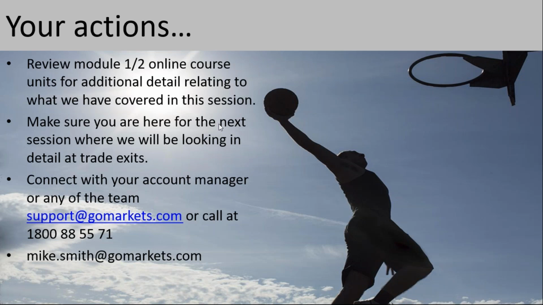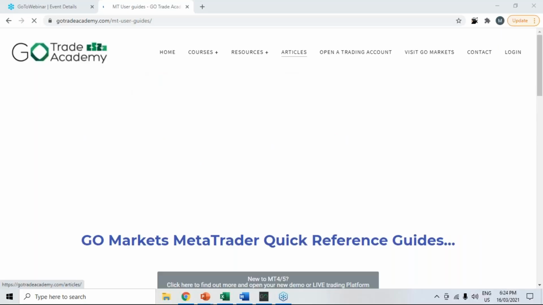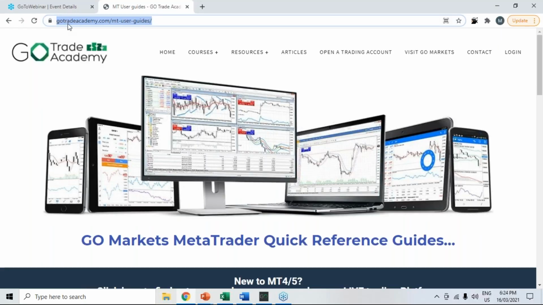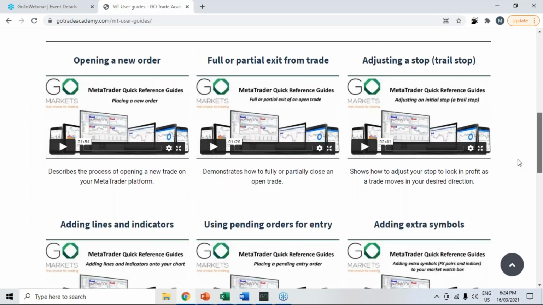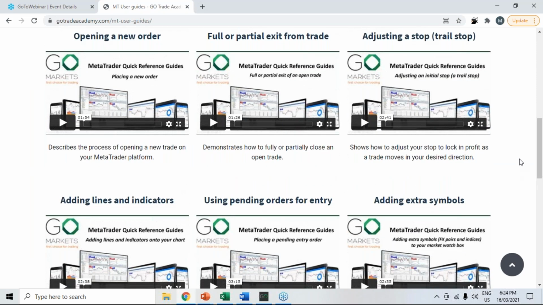I'm going to paste this link into the chat box. Okay, there it is, in chat if you want to click it. There's some material on how to use MT4, and MT5 is pretty similar: opening new orders, adding lines and indicators, using pending orders, exiting trades, all that sort of stuff. There are some user guides there to get you going.